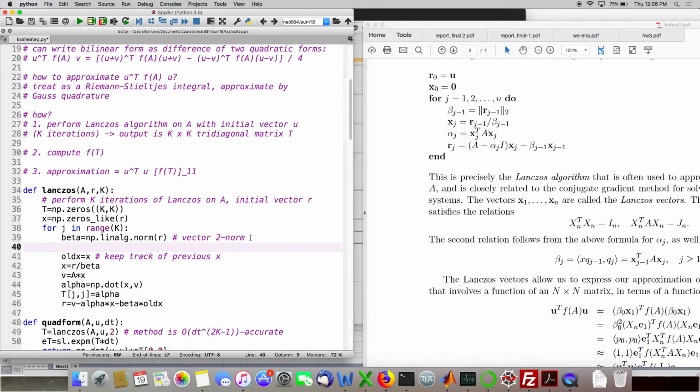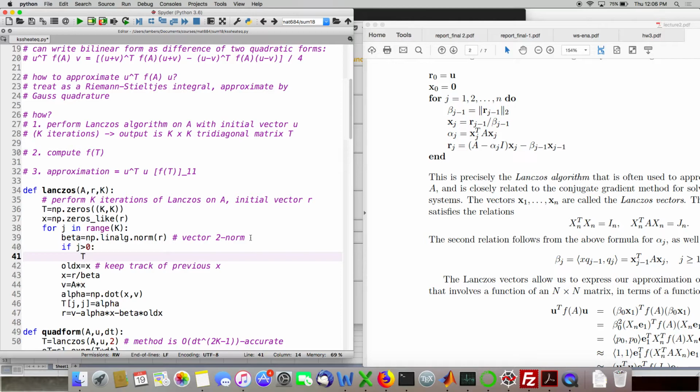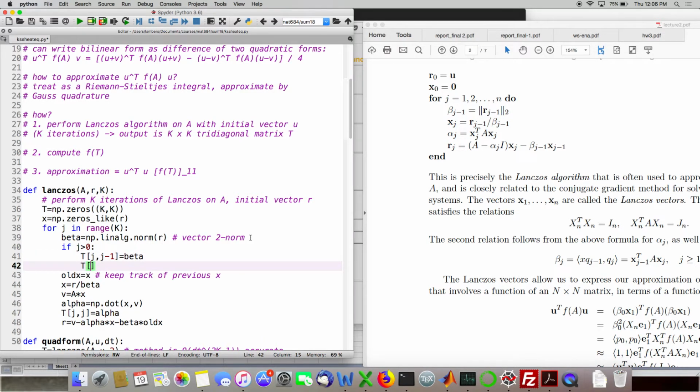So in other words, if I'm going to ignore the first one, I would need an if. If j is greater than 0, then I put beta on the, so the first line does the subdiagonal, and the second line does the super diagonal.